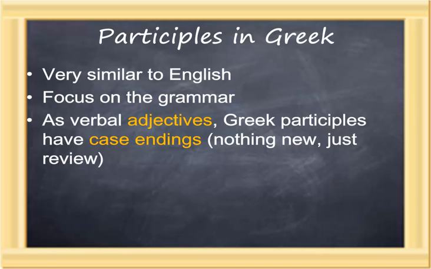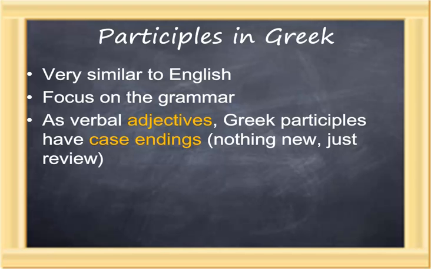Participles in English, then, can often be identified by words ending in ing, and they are verbal adjectives. They can function either adverbially, giving the circumstances of the main action, or they can function adjectivally, in some way describing a noun.